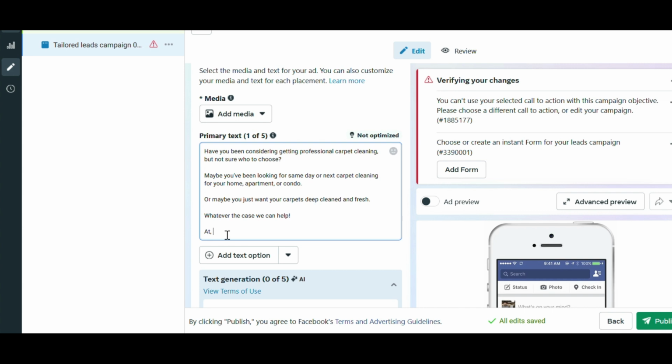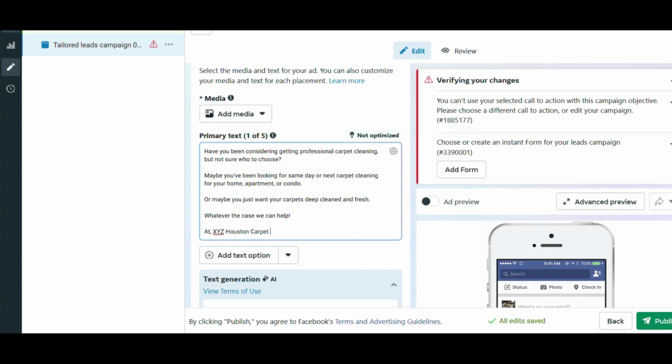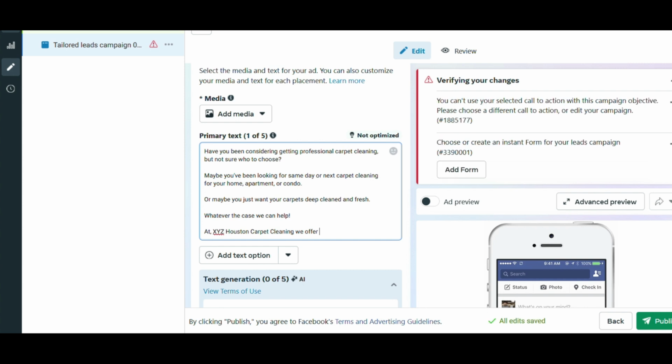I'll just make up an XYZ name. At XYZ Houston Carpet Cleaning, we offer, what do you offer? Most carpet cleaners will do professional steam clean. Some will do the truck mount, right? Maybe it's a combination of both. Some will have both.